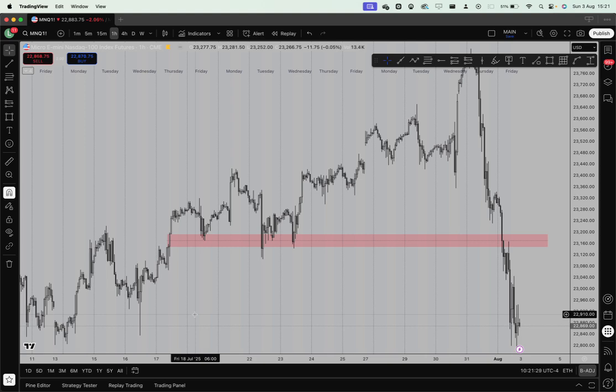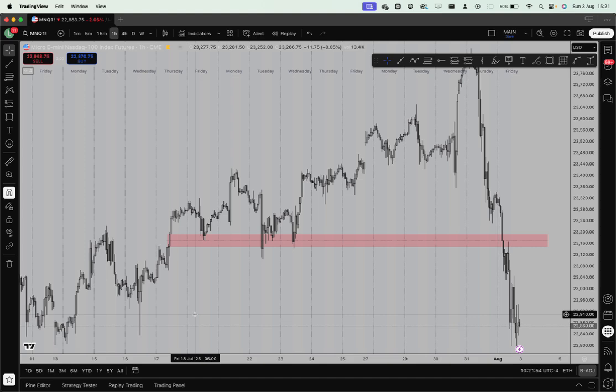And the reason why we use mitigated PD arrays is because price is clearly showing some sort of interest in this area. Now, whether that's a reaction, whether that's showing support, whether that's showing resistance, we are aiming to target these PD arrays again.